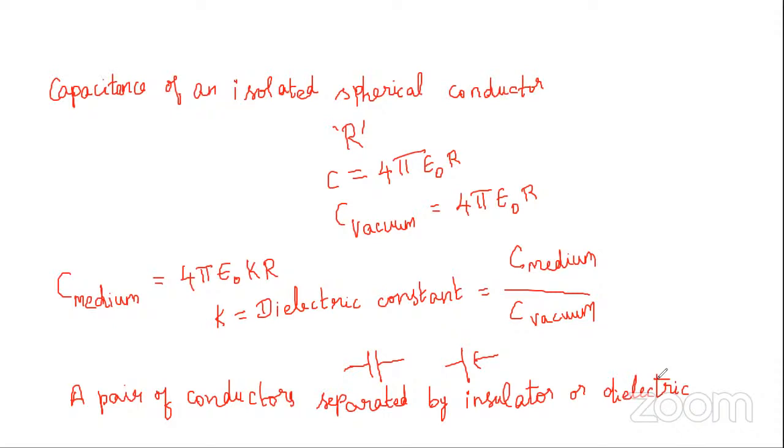Now I will give you the equation for calculating the capacitance. As I have already told you, whenever you have two conductors, they are separated by some distance, and the space between them can be filled with an insulator, dielectric, or even vacuum.